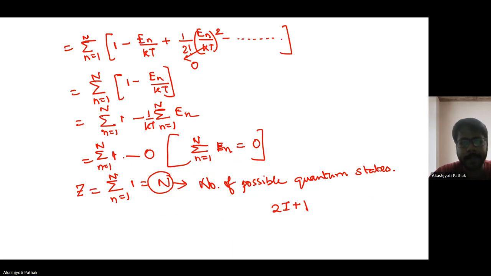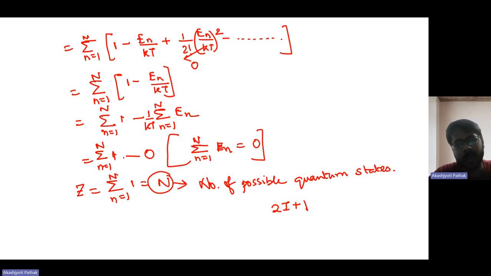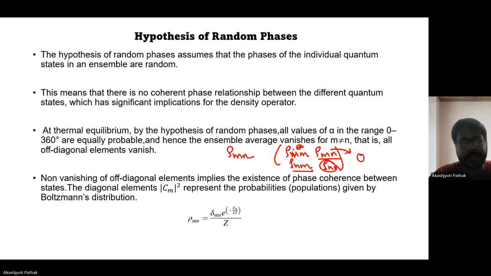And then we looked into the partition function, which becomes equal to the number of possible quantum states. And the hypothesis of random phases states that the off diagonal elements will be zero.